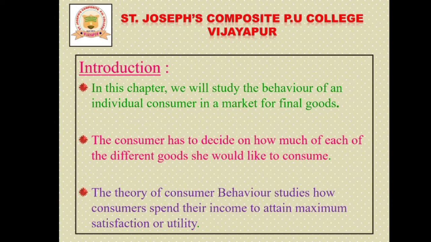In the theory of consumer behavior, there are mainly two theories. The first one is utility theory, and the other one is indifference analysis or indifference theory. Utility theory is the cardinal approach, and the indifference preference theory is the ordinal approach.